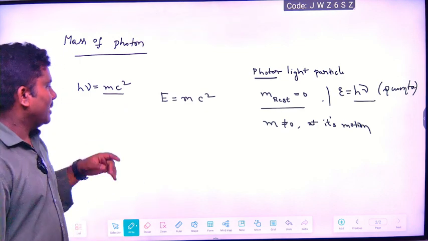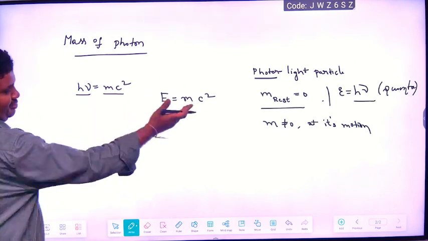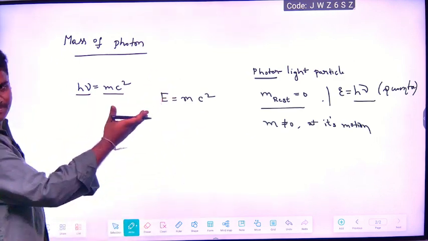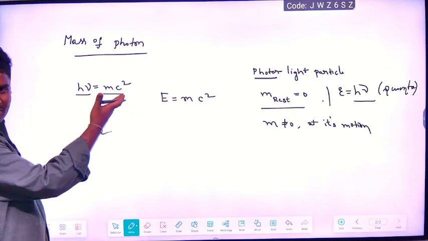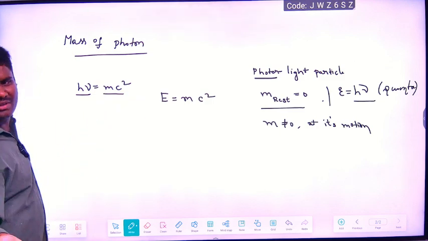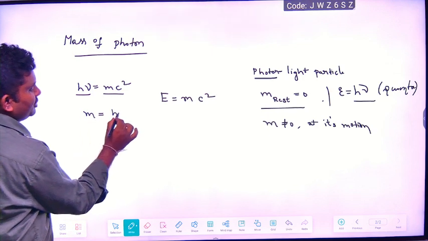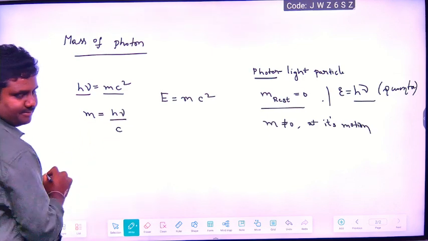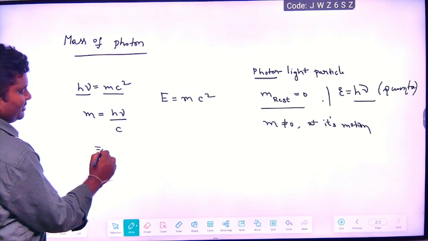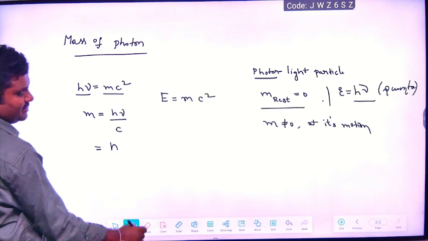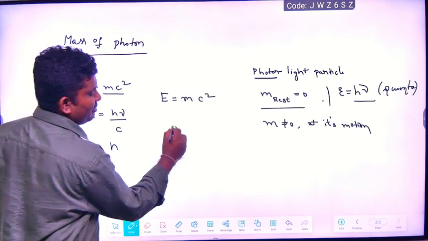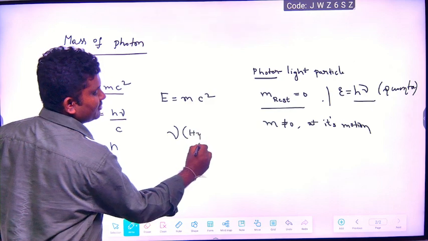This is also equal to h mu. h mu is the energy of a photon, and a photon also moves with the velocity of light because a photon is light only. Now, m is equal to h mu by c squared. Frequency we measure in hertz, number of cycles per second.